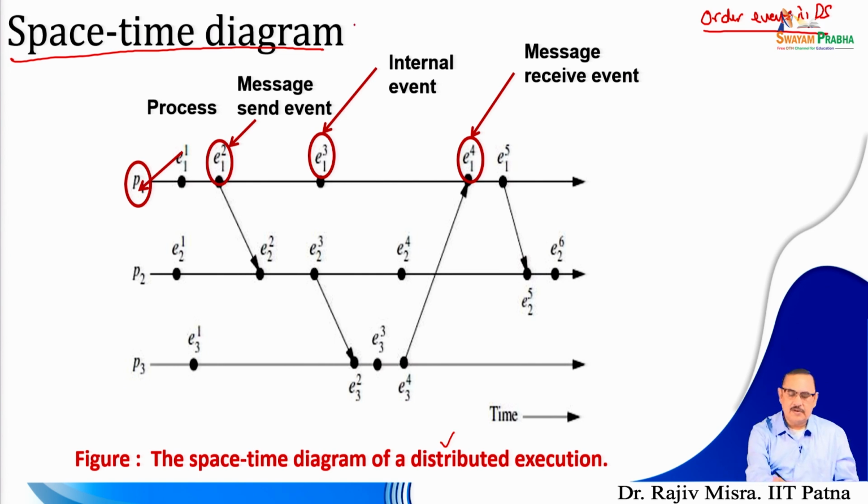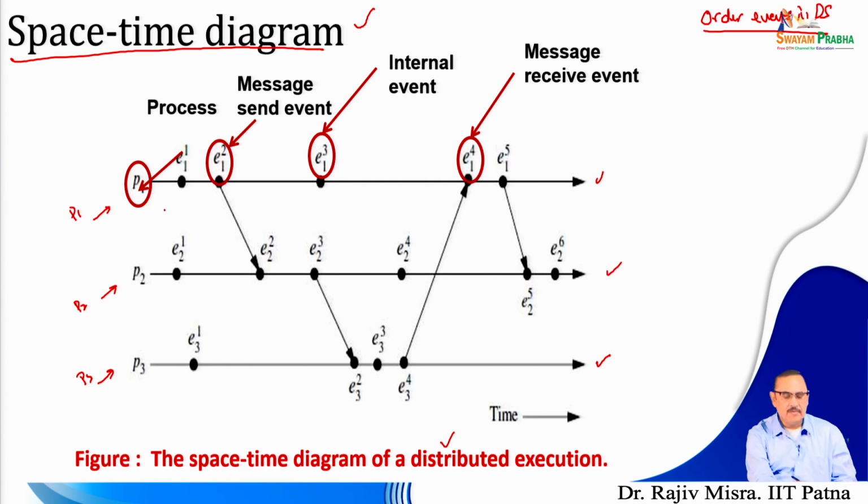Here, space means that the processes are independent entities. There is process number 1, process number 2 and process number 3. The 3 different processes are separated and executing their events independently, and time is flowing.